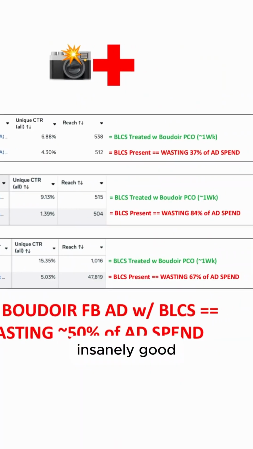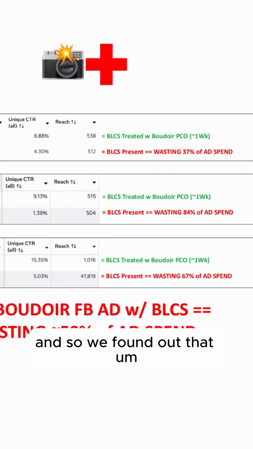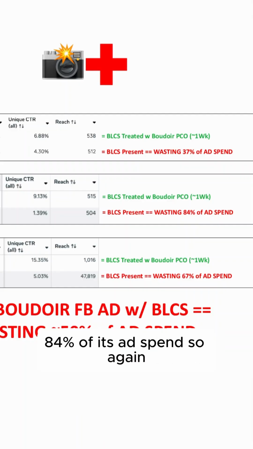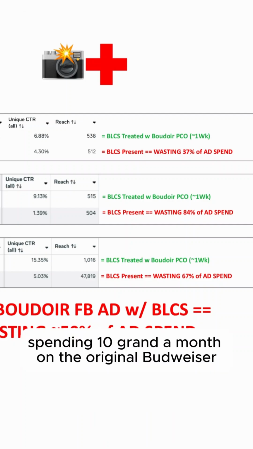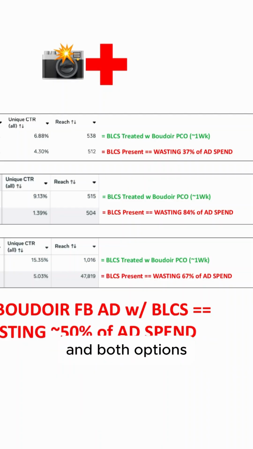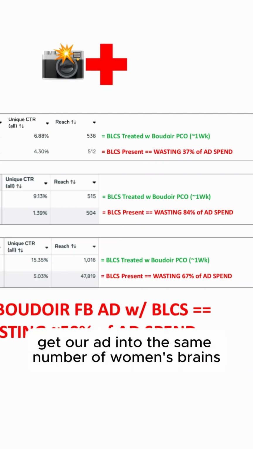Insanely good. We found out that the original Boudoir Facebook ad was wasting 84% of its ad spend. So again, if they're spending 10 grand a month on the original Boudoir Facebook ad, now all we have to do is spend 1,600 bucks a month on the Boudoir Pico treated ad, and both options get our ad into the same number of women's brains.